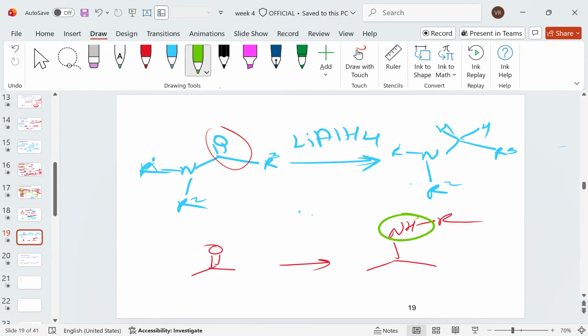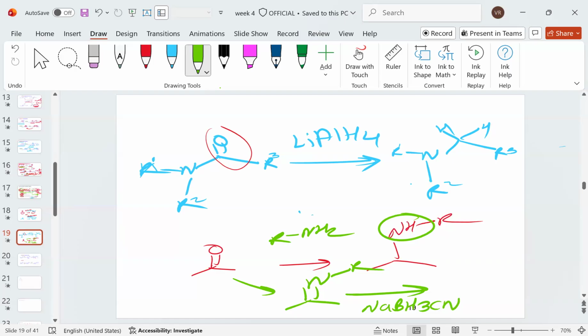For that, you add RNH2, so it will form the imine. The intermediate step was the imine formation, with a C=N-R double bond, followed by reduction of this imine using NaBH3CN. So it will give this amine, right? You can also keep this reaction noted as well.